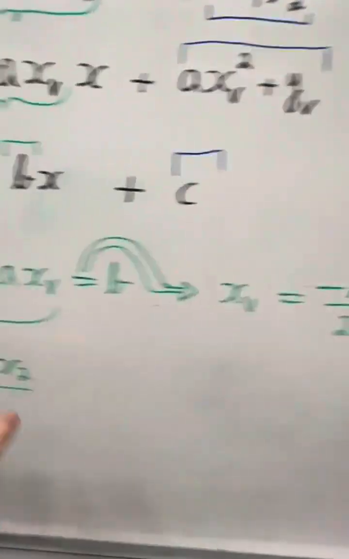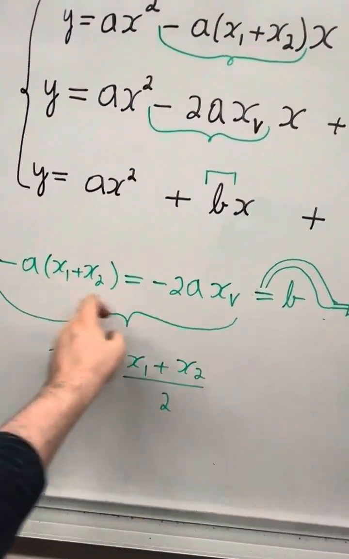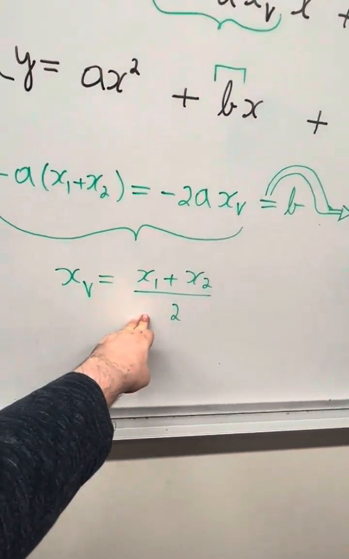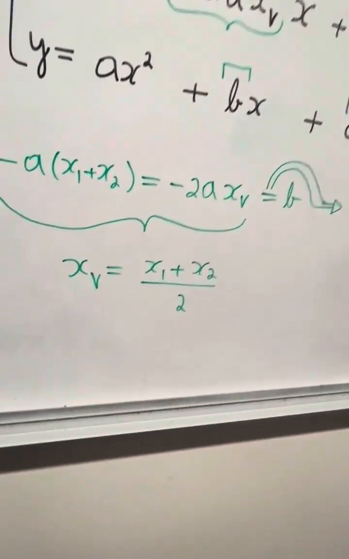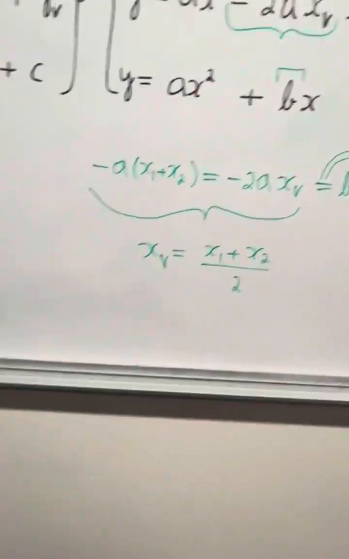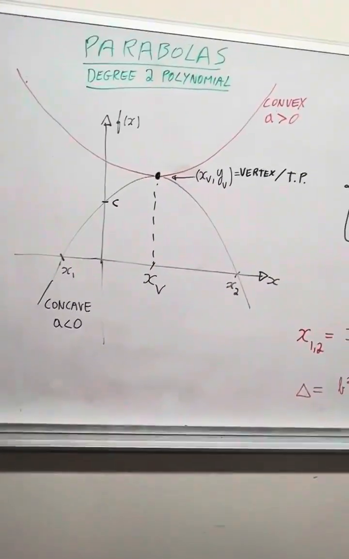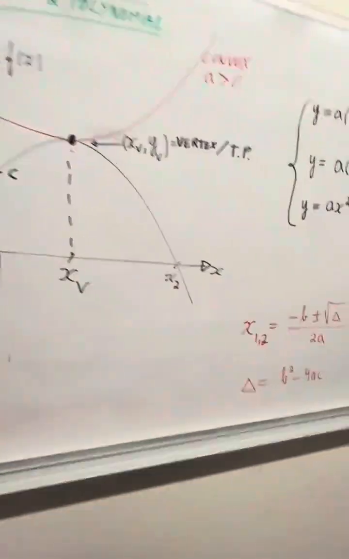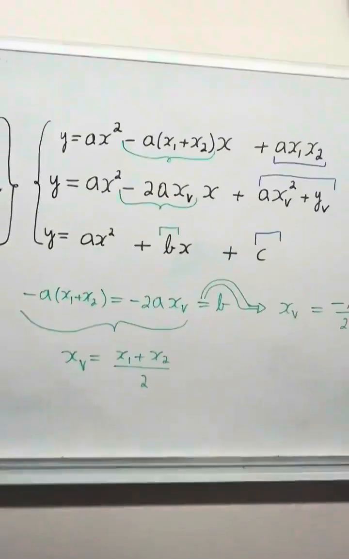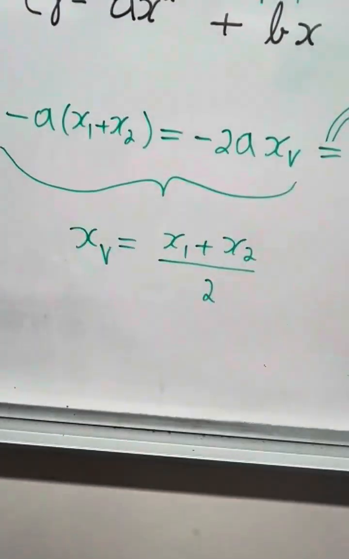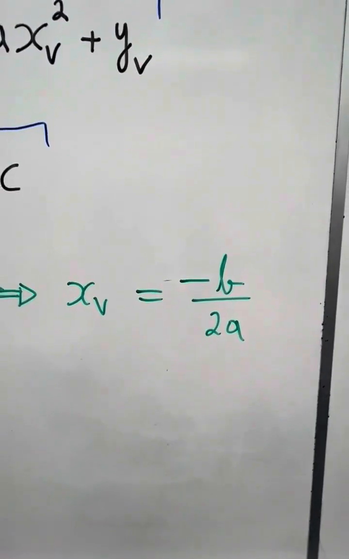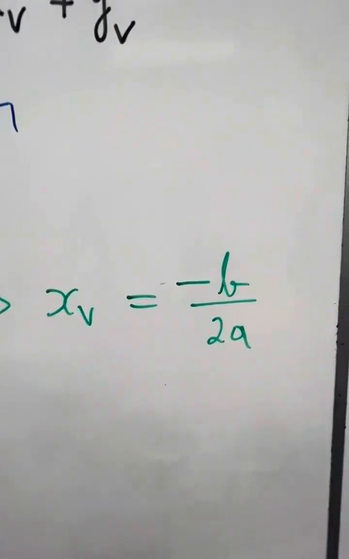Using these two parts, I get this other formula for the vertex of the parabola. The vertex is the middle point of x1 and x2. Remember the symmetry of the parabola, right? The vertex is right in the middle of x1 and x2. So two formulas for the x of the vertex, in terms of the roots or solutions to the parabolic equation, and in terms of the coefficients a, b, and c. It does not depend on c.